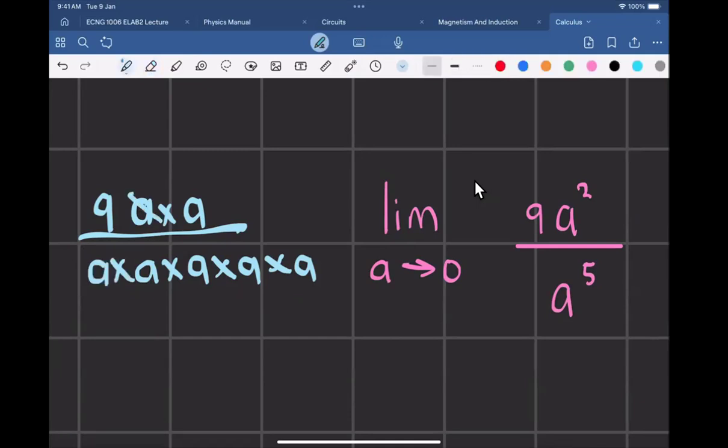Yep, that's what would happen. So what would we remain with? A to the power 3, because it's on the bottom. We're going to leave it at the bottom for this question, so that'll be 9 all over a to the power 3. The only time it's minus is if you bring it up to the top, but we didn't bring it up to the top.